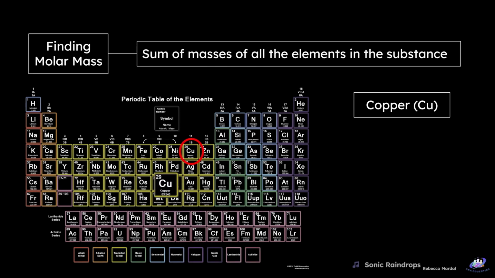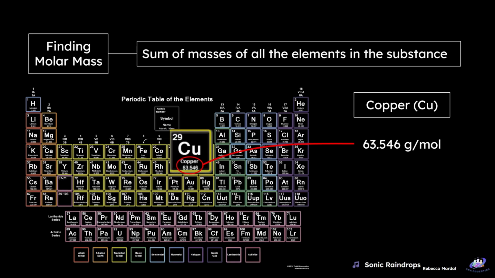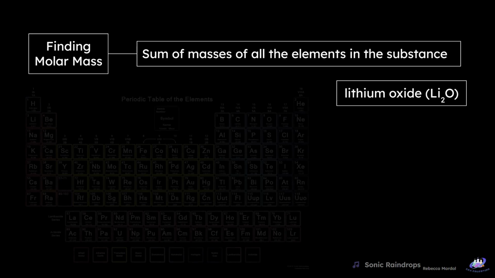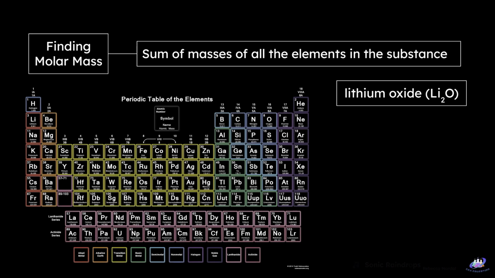So let's find copper on the periodic table, and we can see that copper has an atomic mass of 63.546. So this number would also act as our molar mass. So 1 mole of copper would be equal to 63.546 grams.